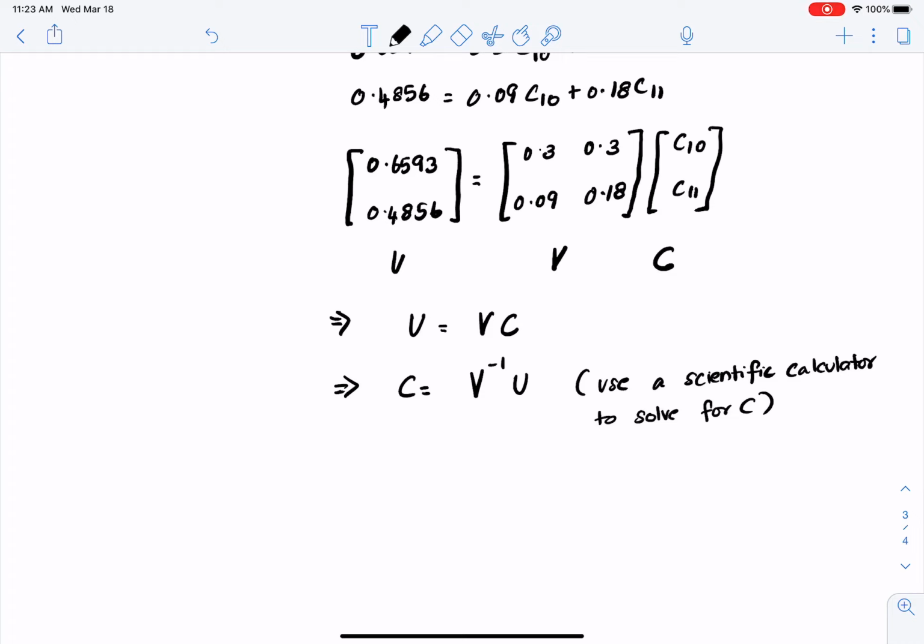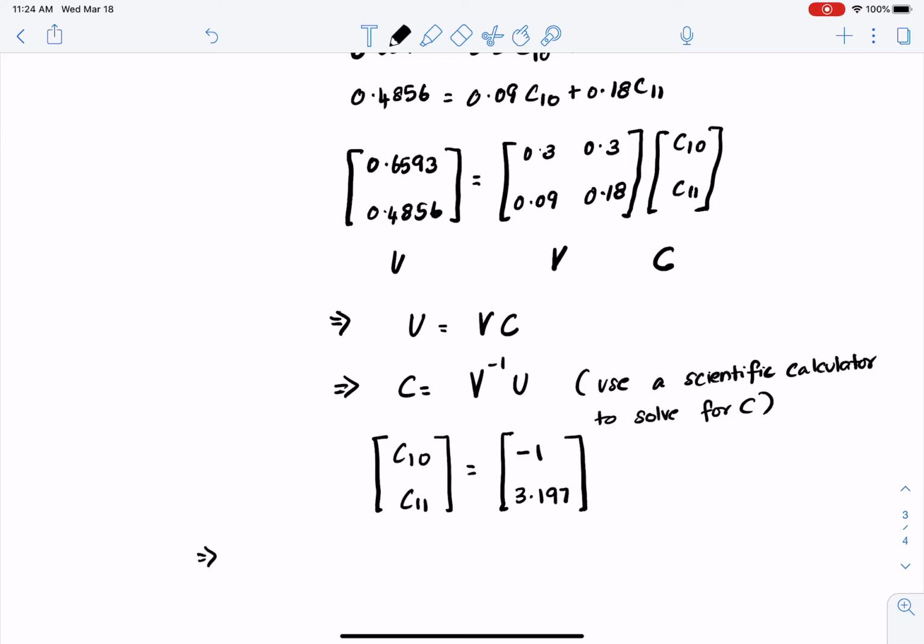So we can use a TI-84 calculator and the matrix functionality in the calculator to find the value of C. If we invert V multiplied by U, we end up getting C10, C11 to be negative 1 and 3.197.